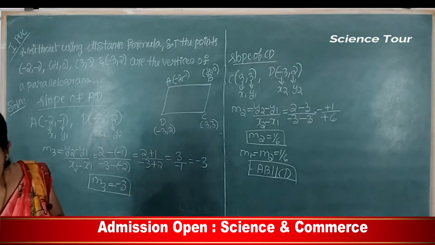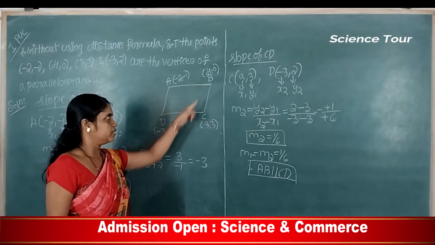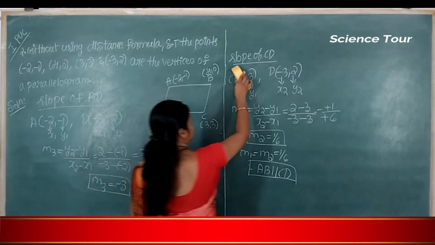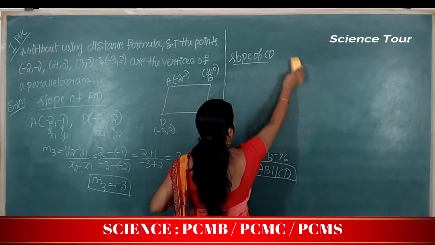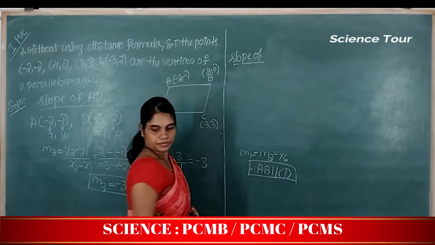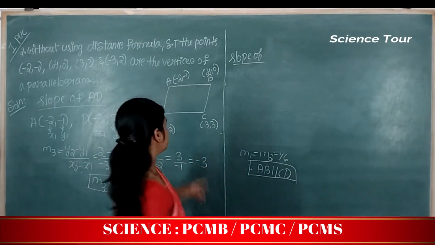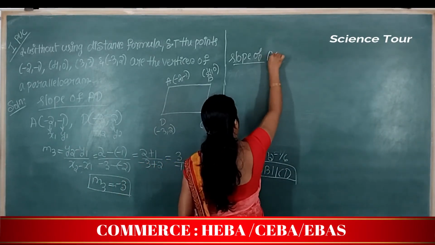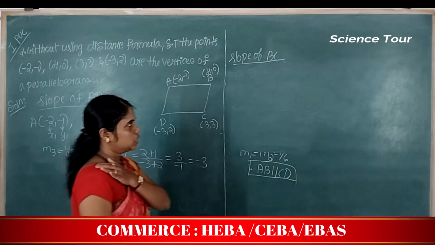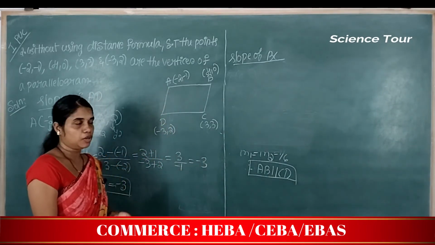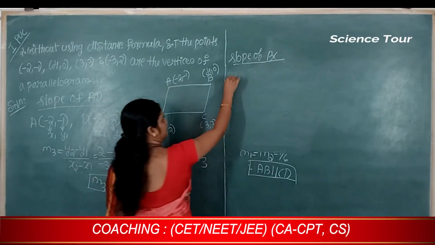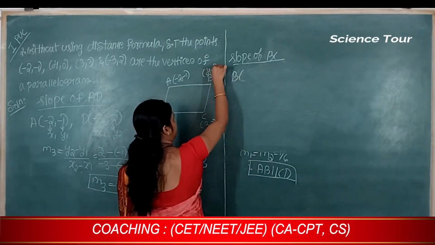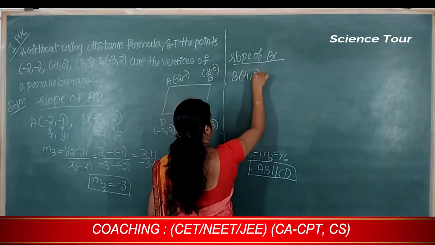So now by the same way we'll calculate the slope of BC. While I am calculating the slope of BC, which 2 points I have to consider? Point B as well as point C. What is the coordinate of point B? 4, 0.